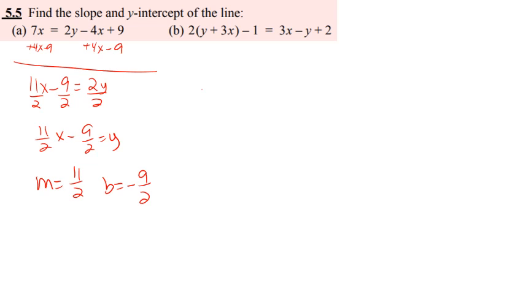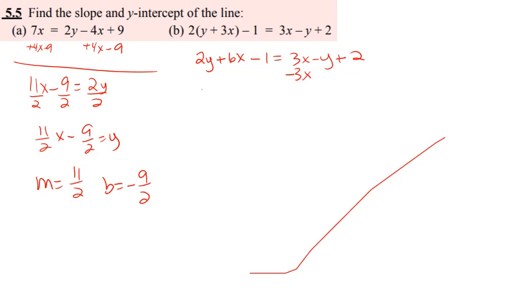Okay, so the next one, I have to make sure I distribute. So I'm going to make sure I distribute first. And then I'm going to combine my like terms if I have any. No, no like terms. Okay, so I'm going to subtract 3x. No. Sorry, I'm not going to subtract 3x. I lied. I'm going to add y to keep the y positive and then bring everybody else to the right side.